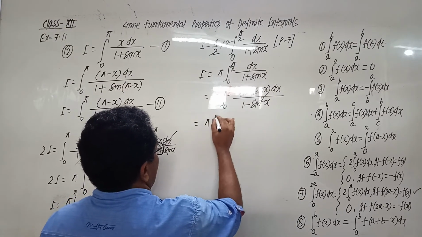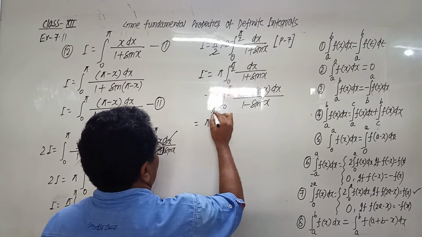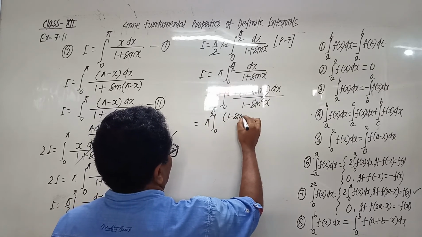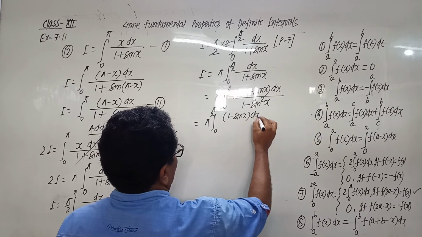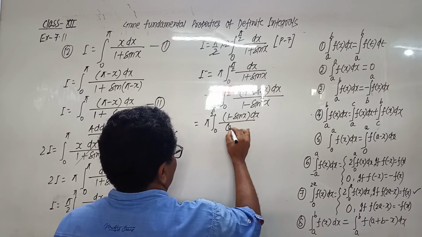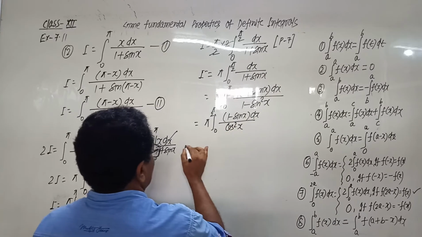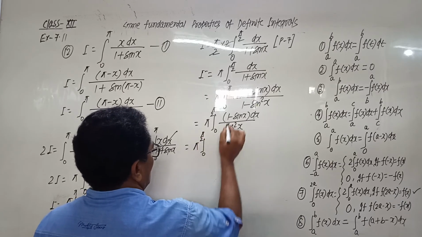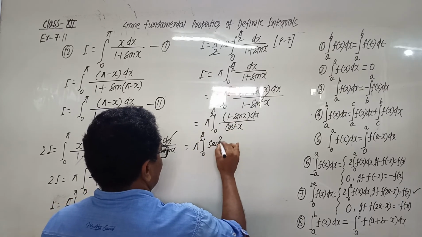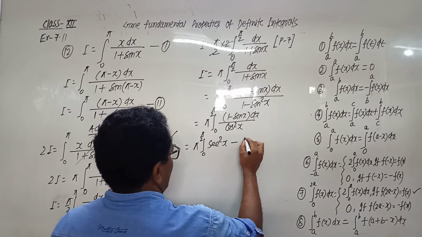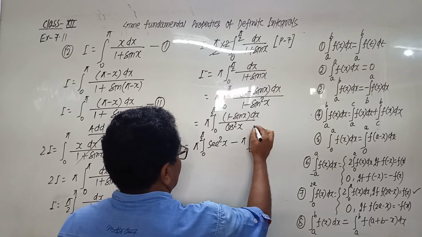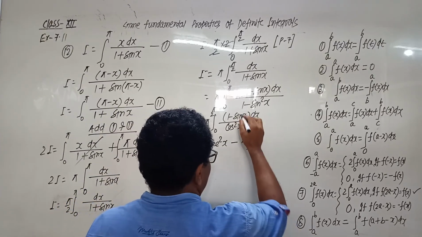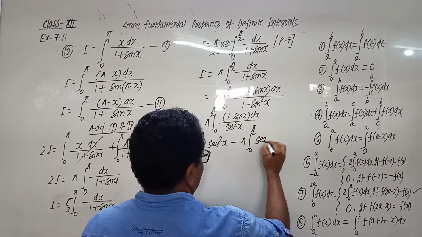So it comes pi integration 0 to pi by 2 and 1 minus sin x, dx upon 1 minus sin square x, which is cos square x. So pi integration 0 to pi by 2, 1 by cos square x, sec square x, minus pi integration 0 to pi by 2 sin x upon cos x, tan x, and 1 by cos x, sec x.